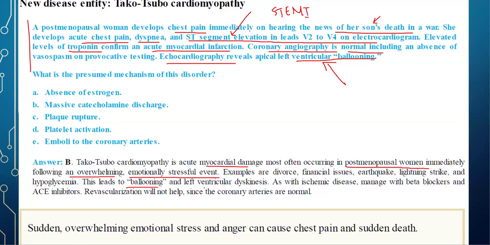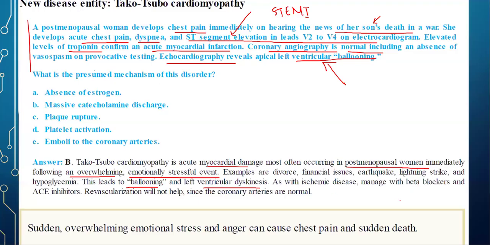This leads to ballooning and left ventricular dyskinesia. So what happens in this patient, the left ventricle does not move as it should. And if it doesn't move, it can't give blood supply to the body. And it feels like a chest pain because the coronary artery is also not getting enough blood supply when the left ventricle is not working properly.